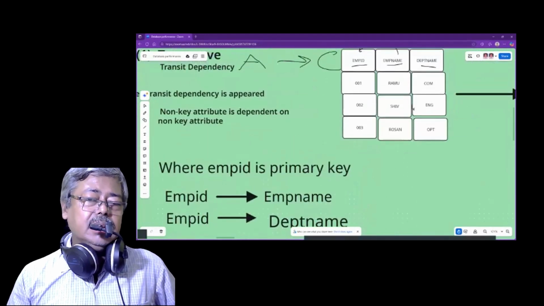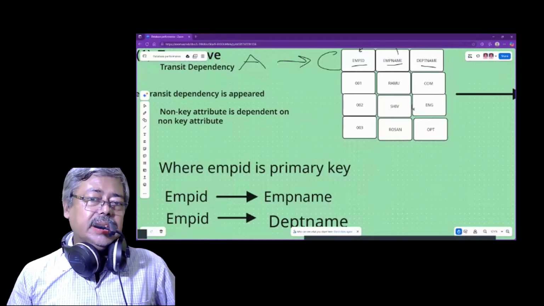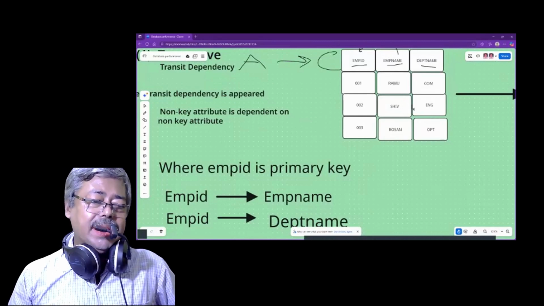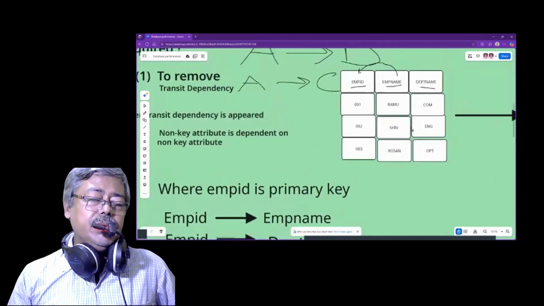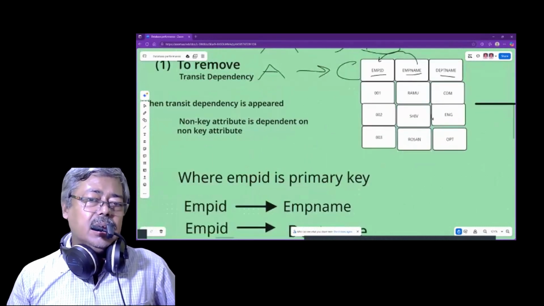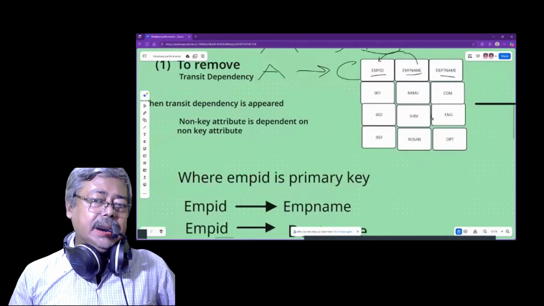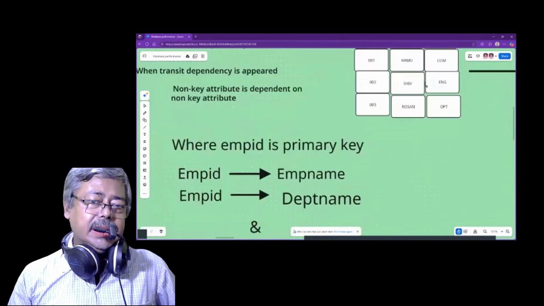Now the table shows three columns: EMP ID, EMP name, and department name. EMP ID uniquely identifies the EMP name, and also EMP ID uniquely identifies the department name. So EMP ID is a primary key that identifies EMP name and also department name.